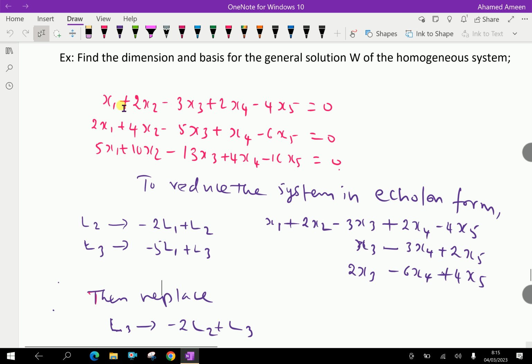If you multiply the first equation L1 by minus 5, then 5x1 minus 5x1 is 0, then 10x2 minus 5 into 2 is minus 10, that is 0. X3 gives 2x3 minus 6x4 plus 4x5. Look at here, now in the second and third equations there is no x1 and x2.